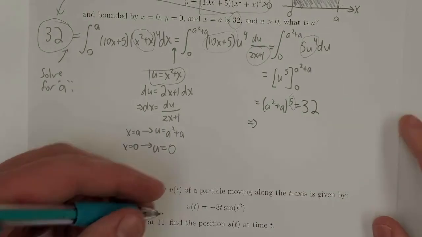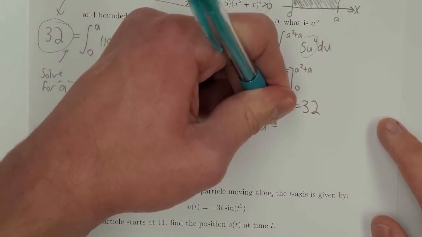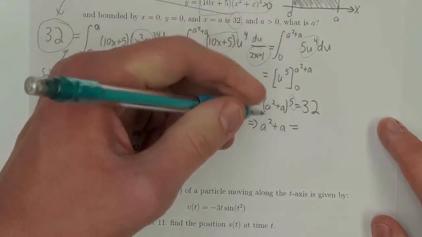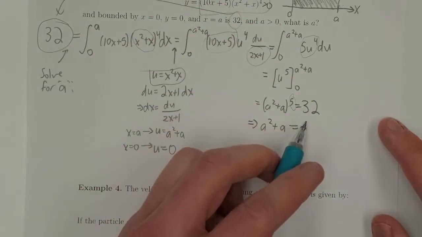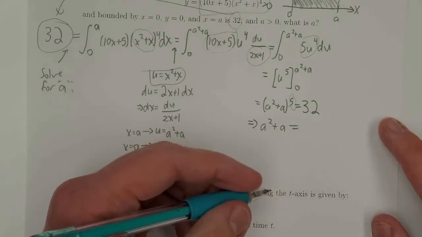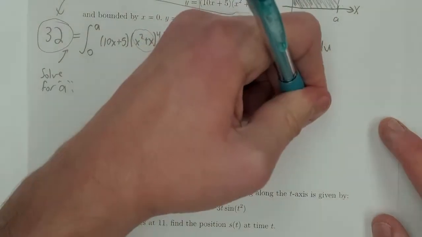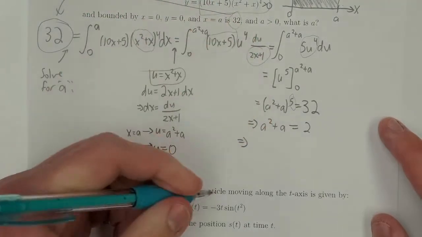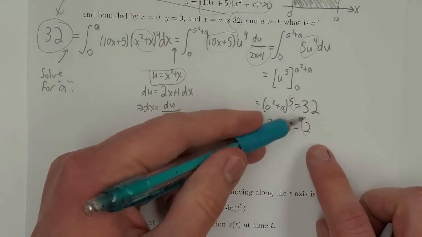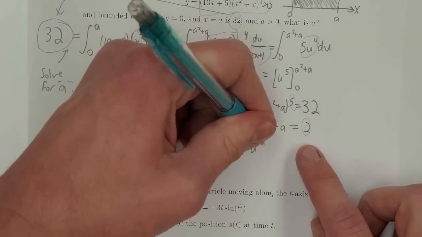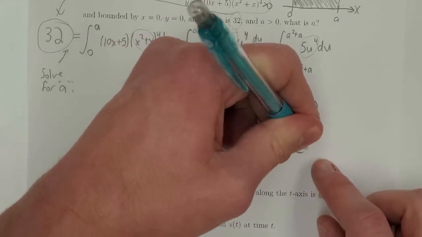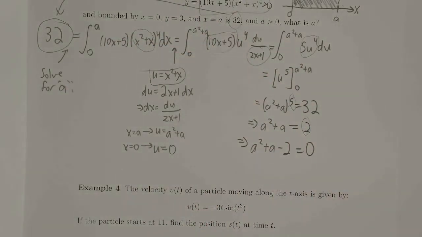Take the 5th root. Yeah, take the 5th root, right? So if we take the 5th root, then that means that the other side here is essentially going to be the 5th root of 32, which simplifies to 2, right? So then what you also notice is that if we subtract this over to the other side, this 2, then, oh wait a minute, we got a quadratic equation, don't we?